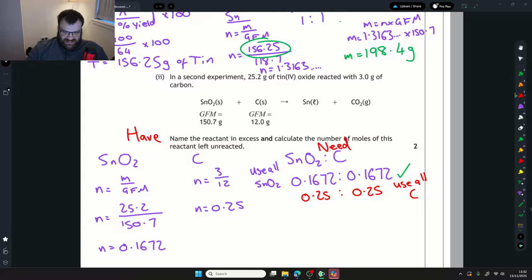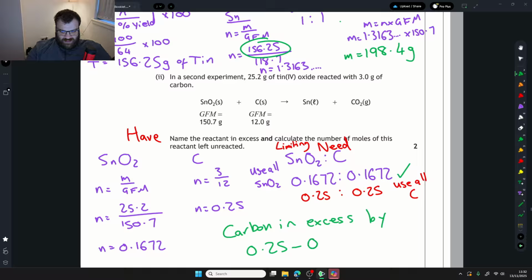So what that means is the one that gets fully used up in the situation that works, SnO2, is the limiting factor. And that means that carbon is in excess, and we're asked to tell them by how much. It will be our starting moles take away the moles that are going to get used up.